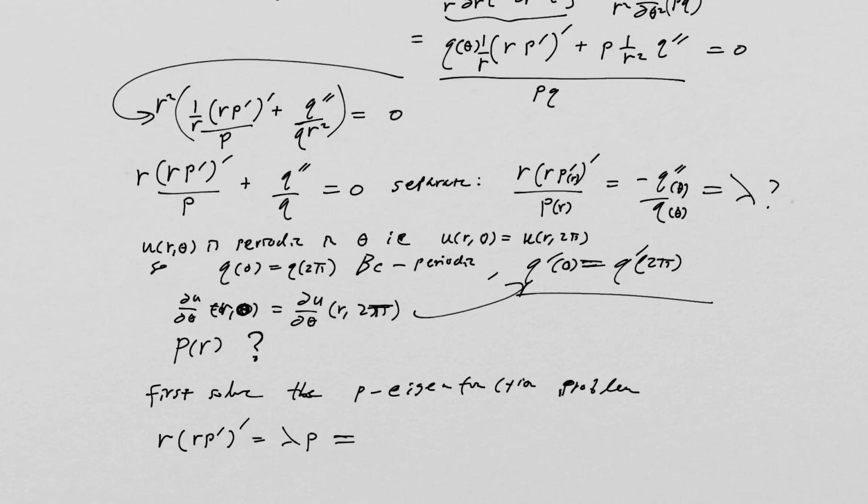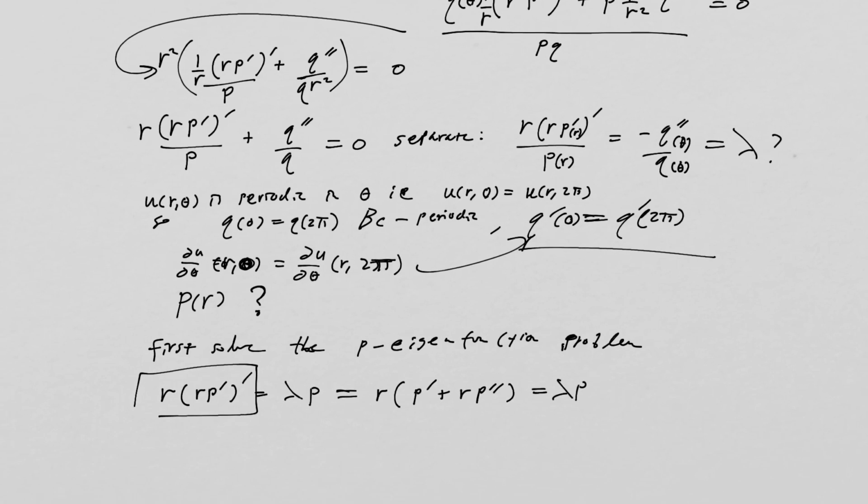Now it's time we actually worked on this and see if we can simplify it a little bit. What we have here is a product rule, like so, and that's going to be equal to lambda P. Now let's see if we can simplify this a little bit more, and we're going to distribute in the r to both sides.